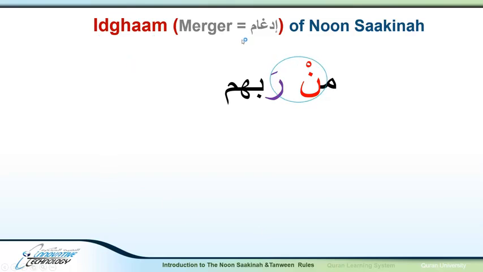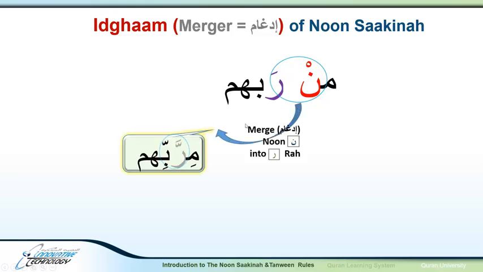Another rule is idgham. Idgham means assimilation or merger. Let's take this example: min rabbihim. We can merge the two letters into one. So instead of saying min rabbihim, the nun would be totally merged into the ra, and that will make the nun disappear. So instead of saying min rabbihim, we'll say mir rabbihim.